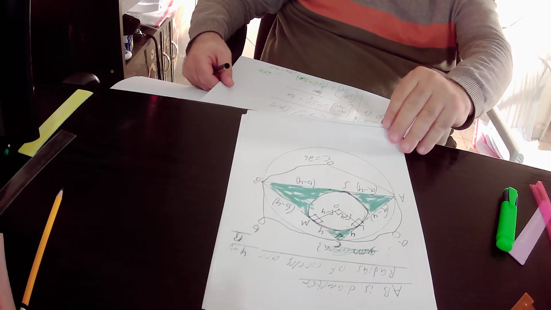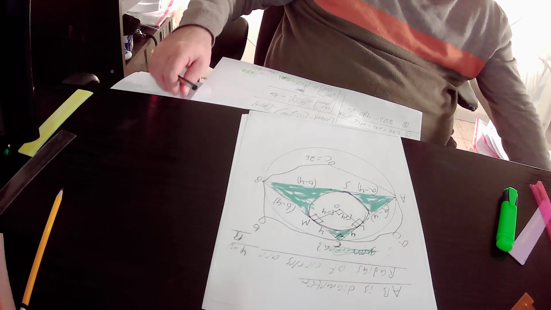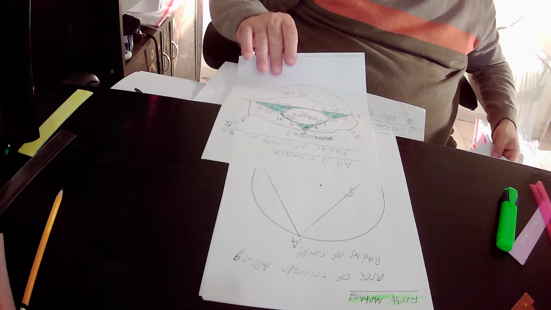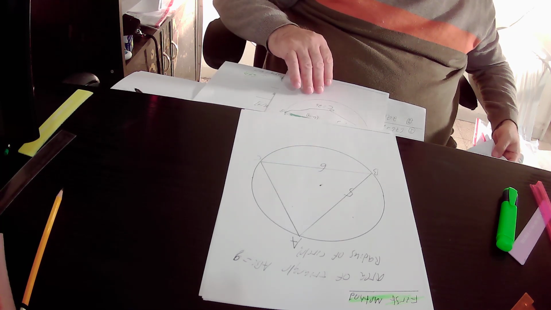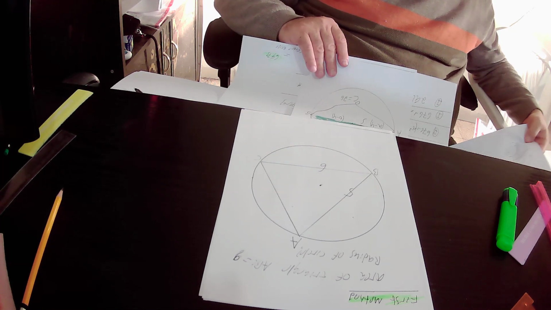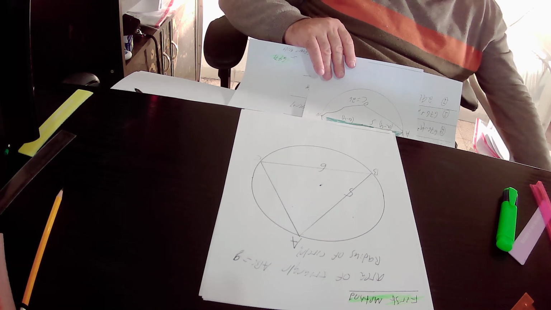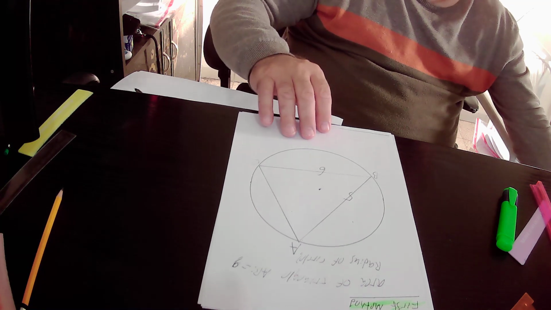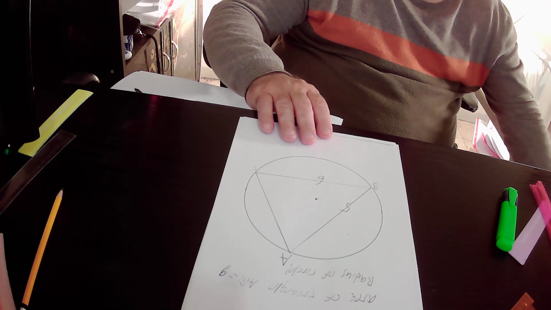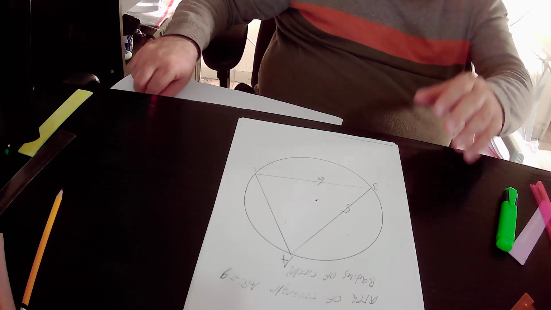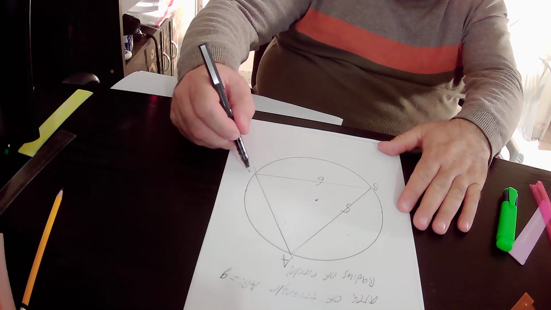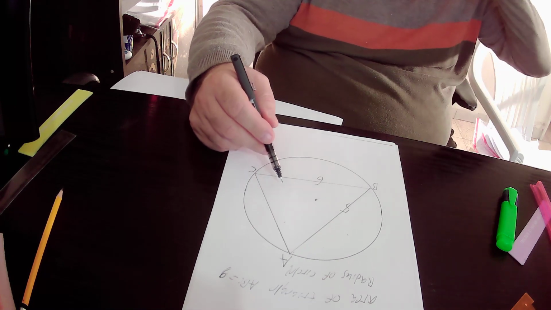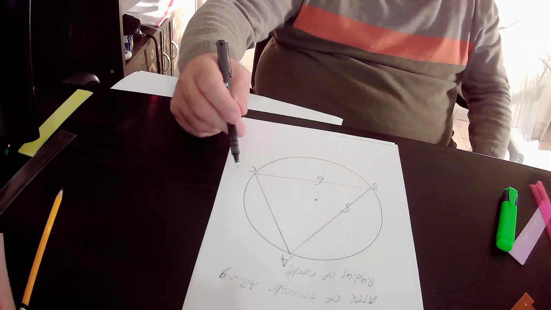In the next step, I will present to you the second question, and we will solve the second question in 3 different methods. In the second question, we have triangle ABC that is described by this circle.